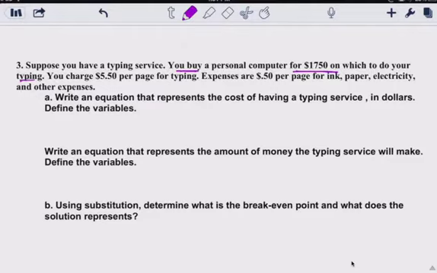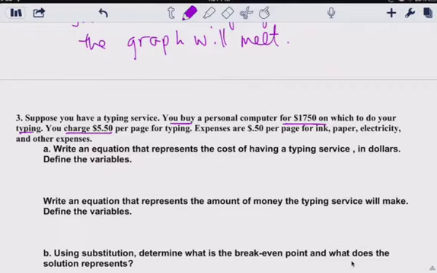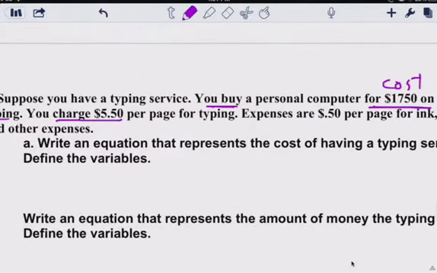You charge, that's making money, $5.50 per page. This is your income. Per means time. So $5.50 times the number of pages typed.